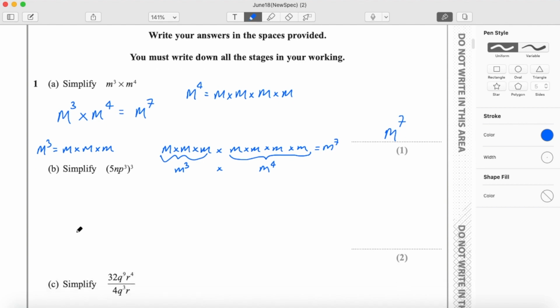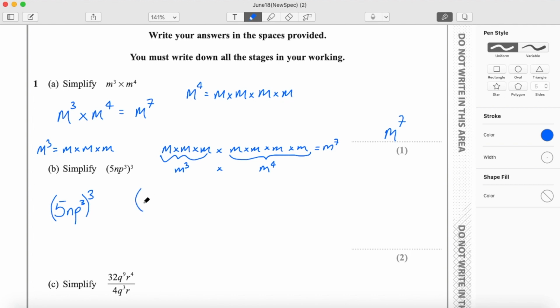Part B, simplify 5np cubed, all cubed. So again, we remember that any indices or any powers, when they're expanded outside the brackets, they multiply.